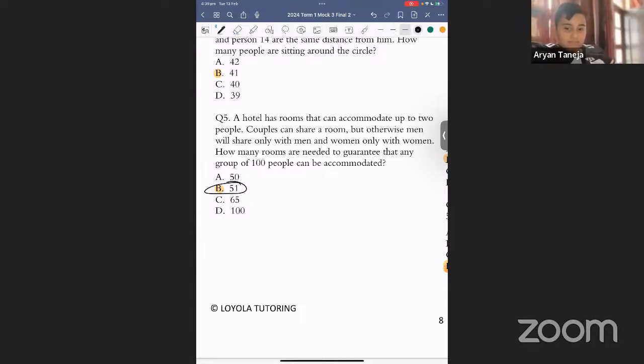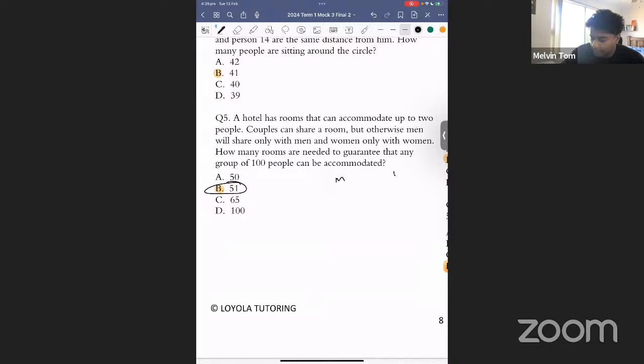Because if you have an odd number of men and women, so let's just say you have 99 men. 98 men can be sorted into a total of 49 rooms, two men in each, right? And then one man is sorted into a single room. So he's very lucky, he gets his own room to himself.